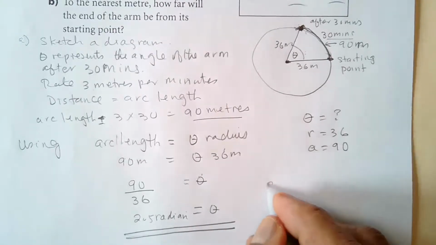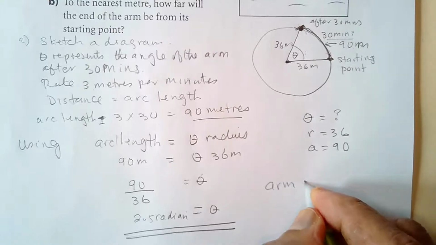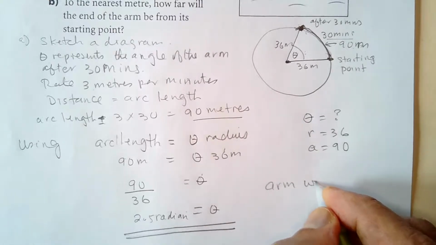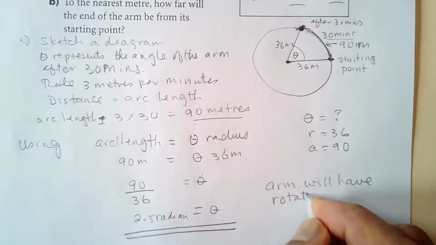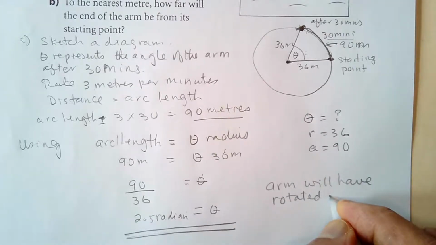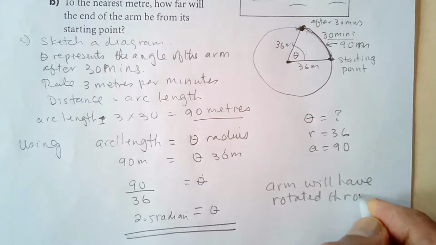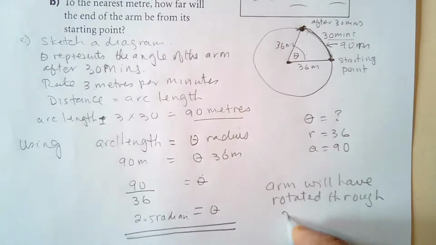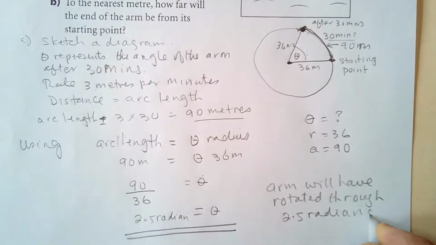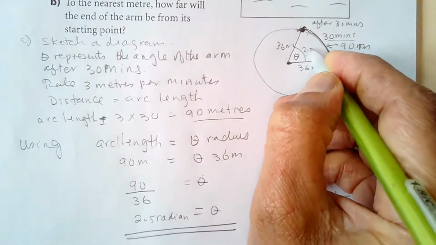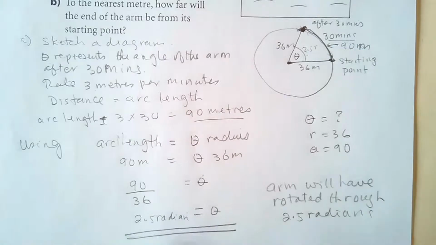Basically the arm will have rotated through 2.5 radians.